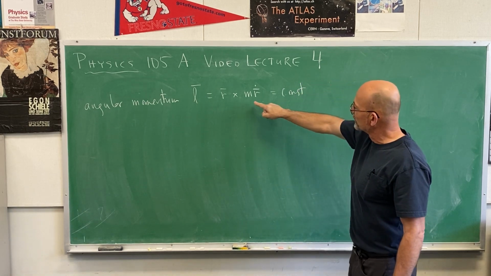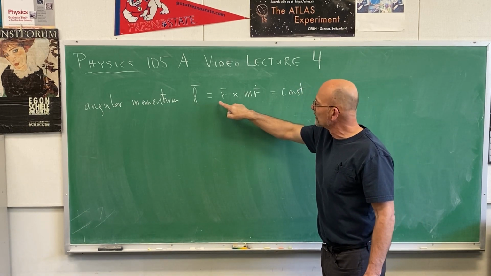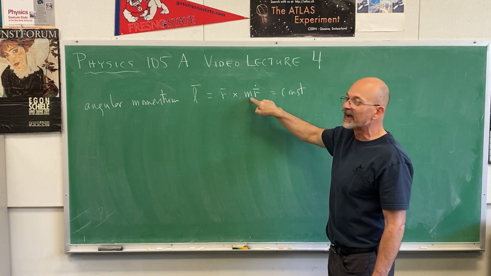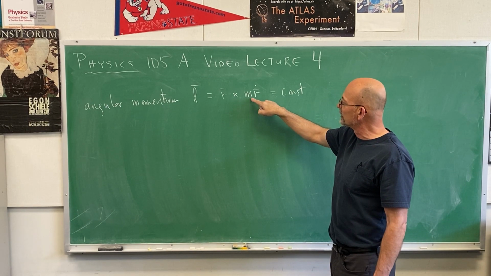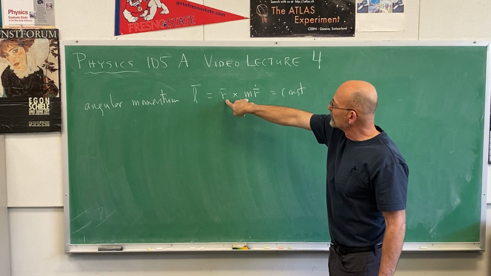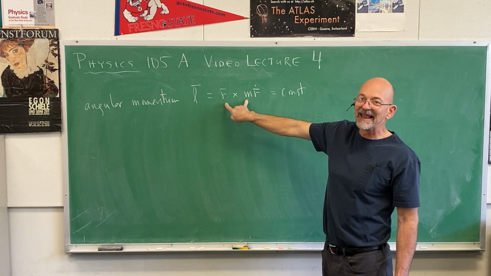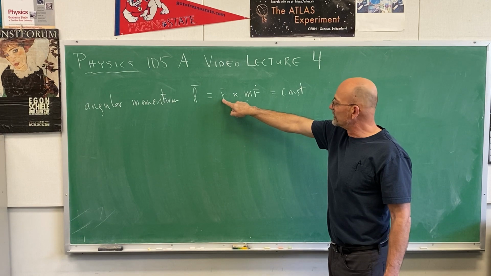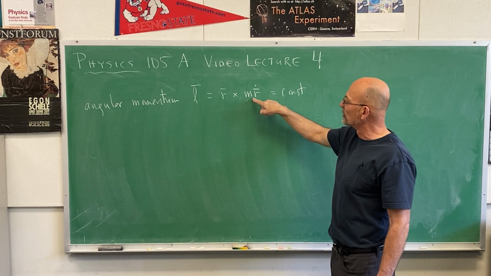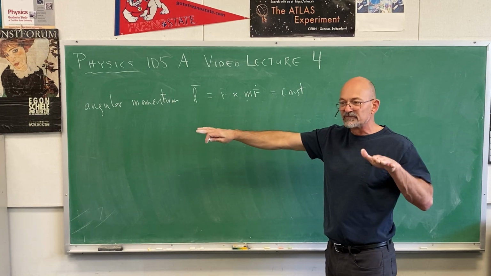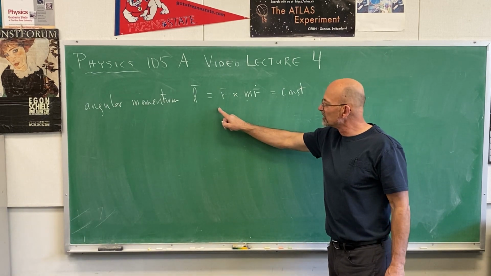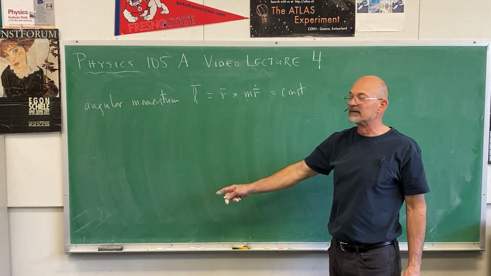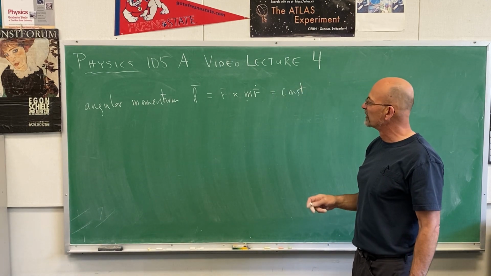By the definition of the cross product, it's perpendicular to both of these vectors, perpendicular to the one, perpendicular to the other. And when these vectors aren't parallel, they span a plane. And you've got position and velocity, therefore, lie in a constant defined plane, which is to say, the motion takes place in a plane when you have a central force.